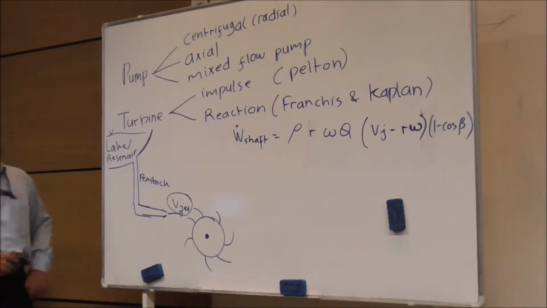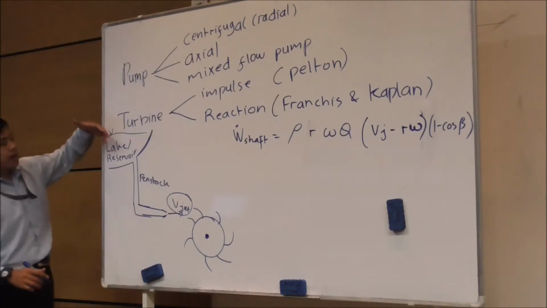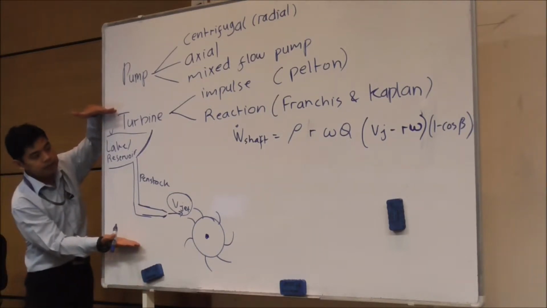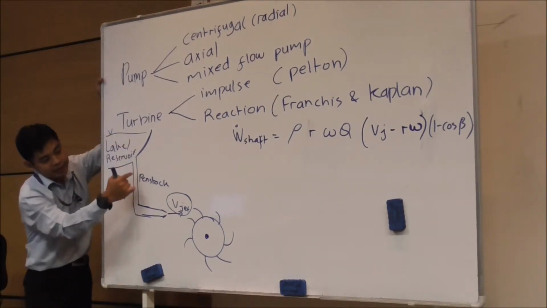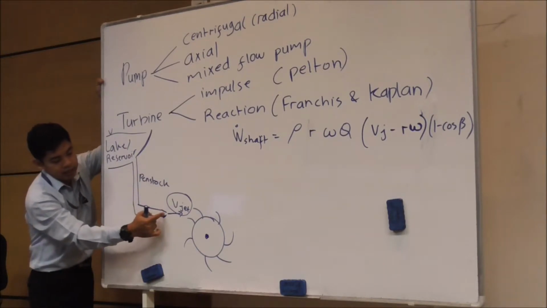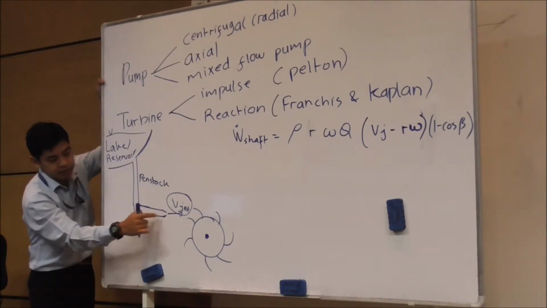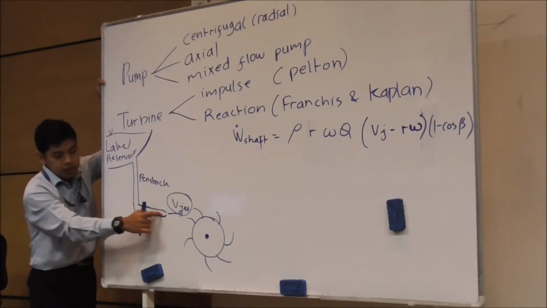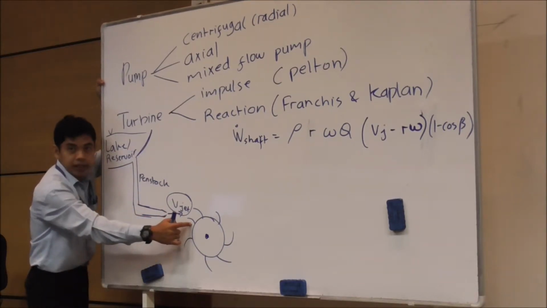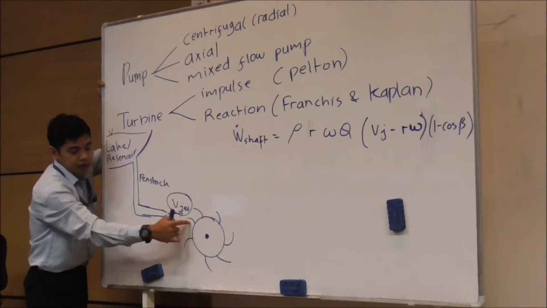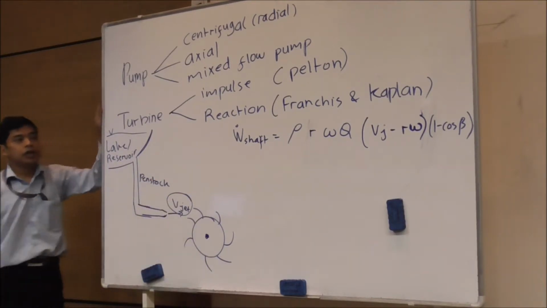Now when we are talking about the impulse turbine, the Pelton turbine, the water is directed through the penstock and then it will emerge as a jet from the nozzle. So this jet will strike the bucket and it will drive the flow.